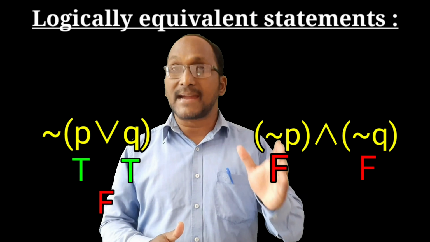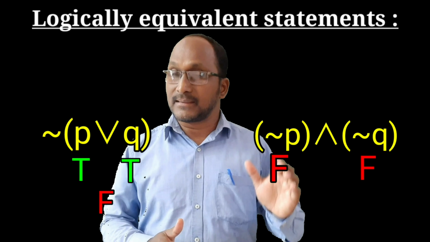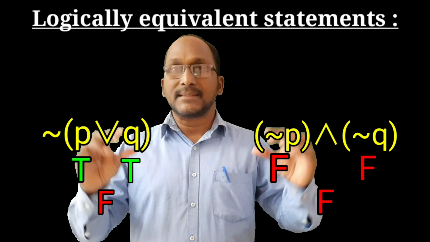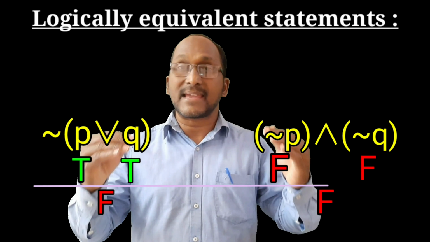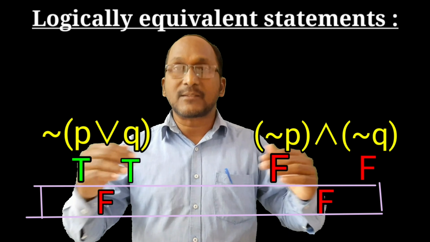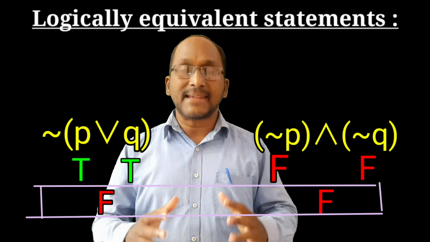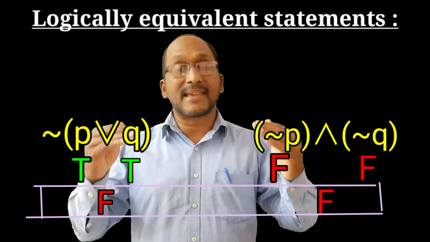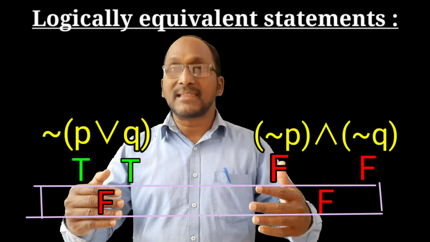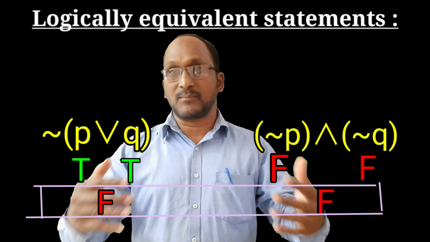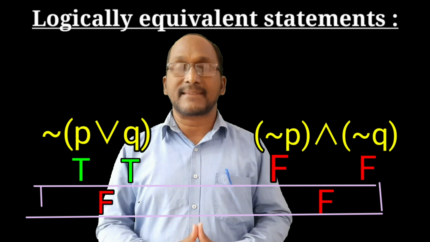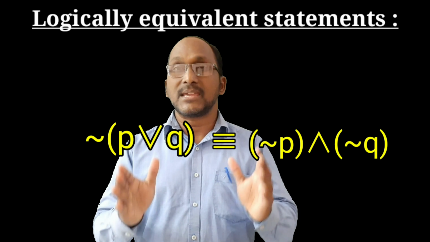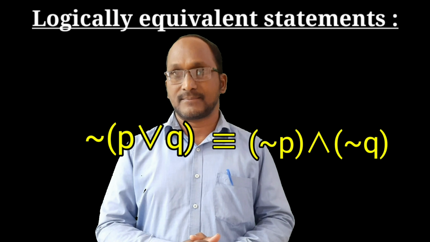So negation P and negation Q is also false. Here you see we have observed that these two compound statements have the same truth value in this particular case. Like that, we can also observe that these two compound statements have the same truth value in all the logical possibilities. So we can say that these two compound statements are logically equivalent statements.